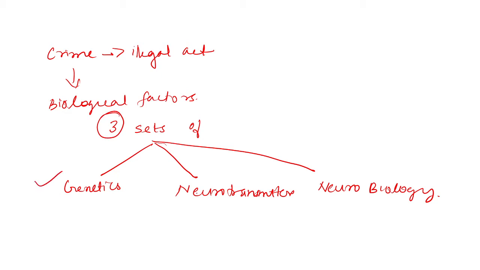The first one is genetics, then neurotransmitters, and the third one is neurobiology. So these factors should be understood as representative of the kind of issues addressed in biological research about the cause of crime. So let's see first about genetics.